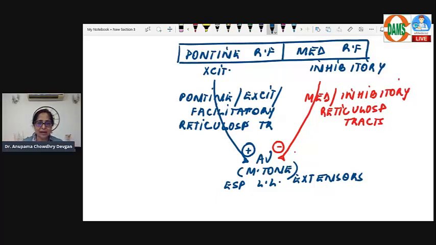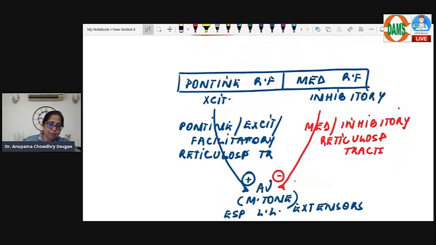How is the reticulospinal involved in muscle tone? Pontine tract increases A-gamma activity, increases muscle tone, especially in the lower limb extensors. Medullary reticular formation gives rise to a medullary or inhibitory reticulospinal tract, which decreases A-gamma discharge and decreases muscle tone. Okay?